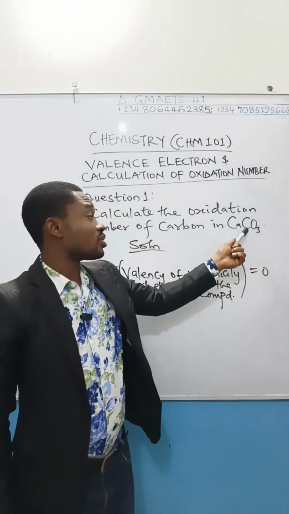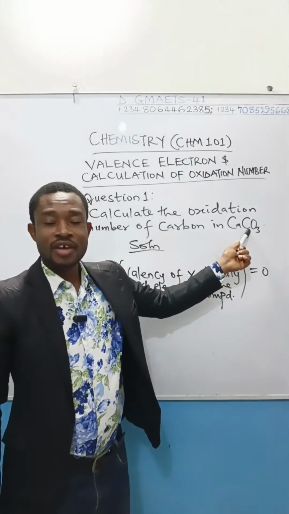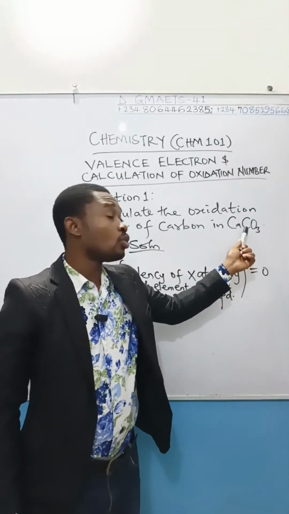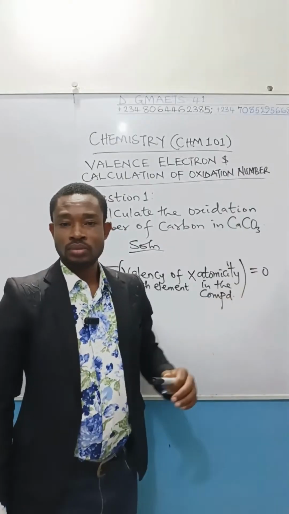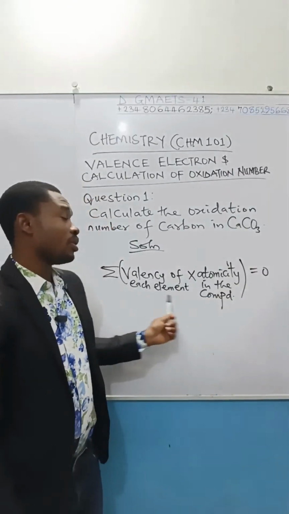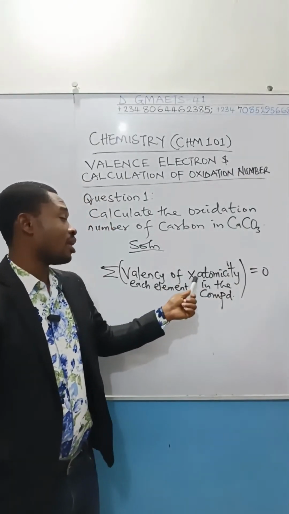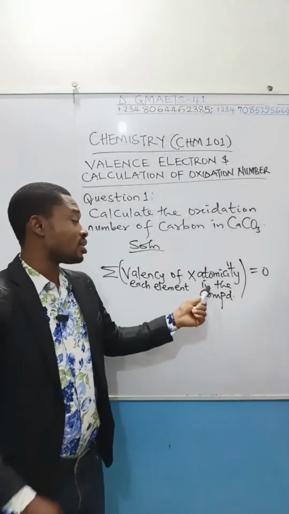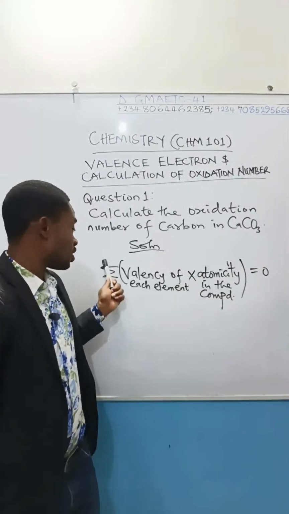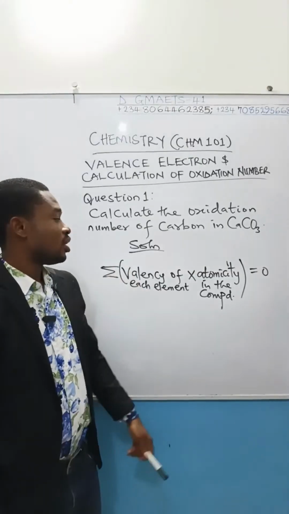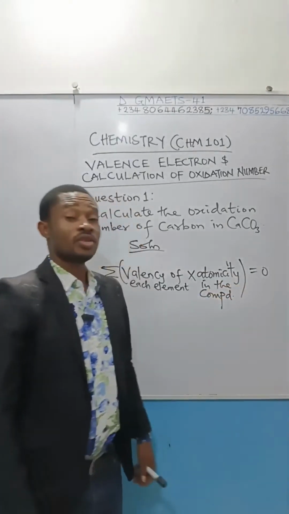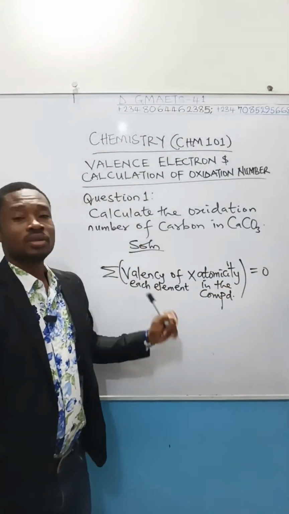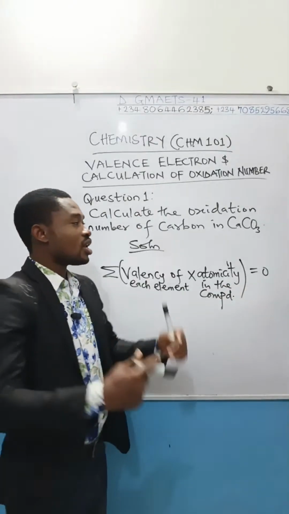Since you are looking for the oxidation number of carbon, the valency of carbon will be unknown. Then applying this formula, valency of each element times atomicity of that element in the compound. Take the summation. This symbol means to add up everything, and then equate to 0. This is for a given compound. So let us apply this and see.